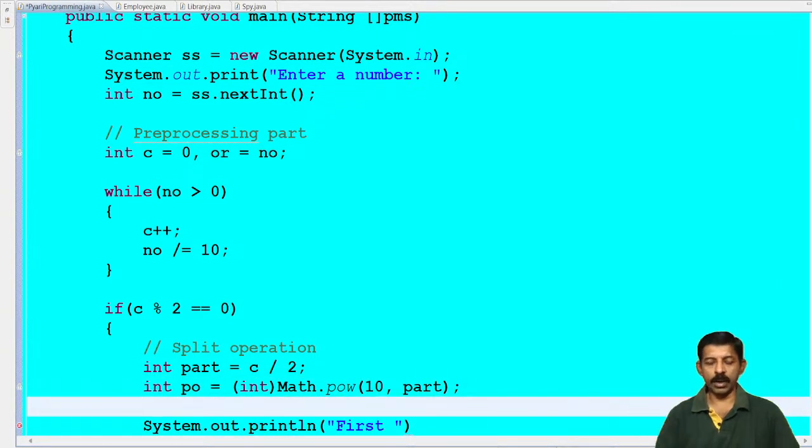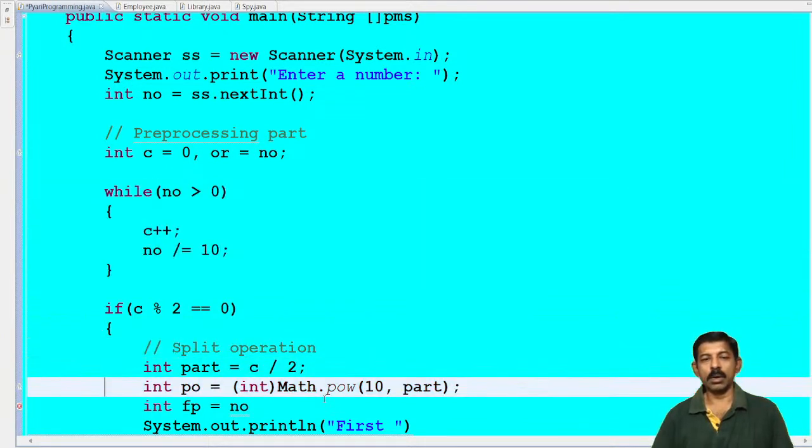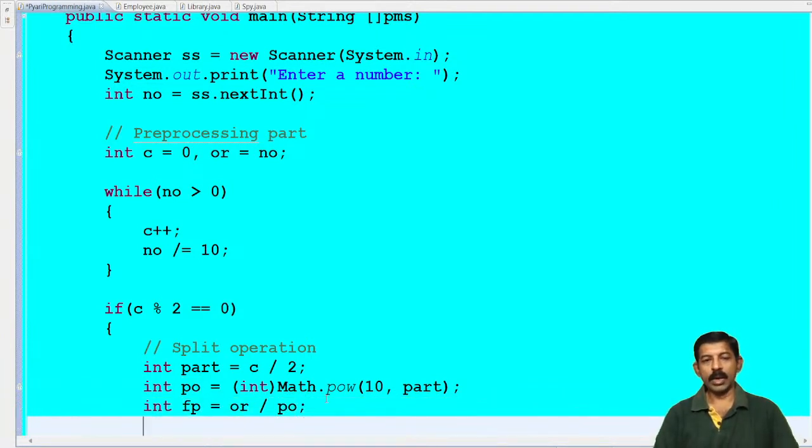If someone may not understand, that's why I'm saying first part is equal to number. Your number here is becoming 0, so can I use number? That's why I'll use OR divided by PO. int second part is equal to OR modulo PO.